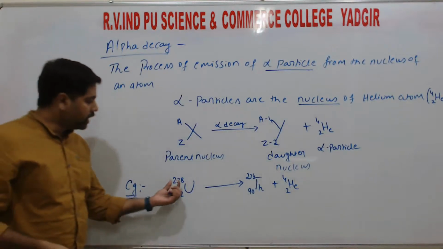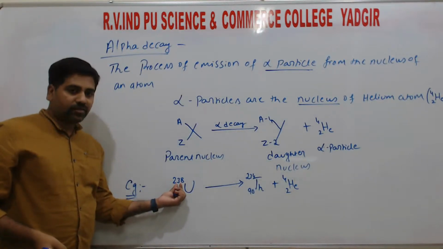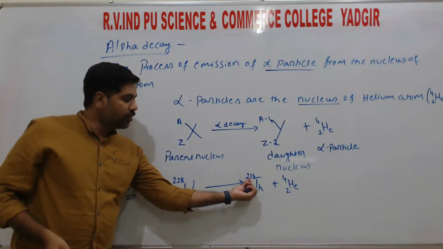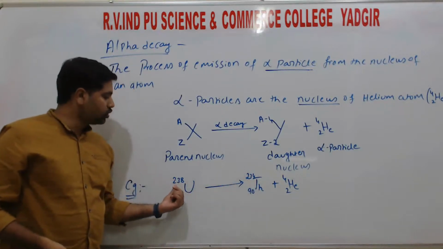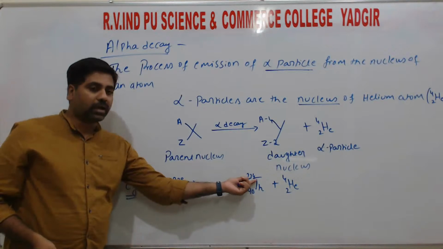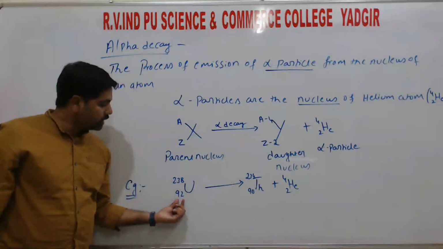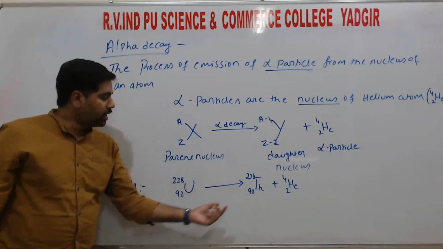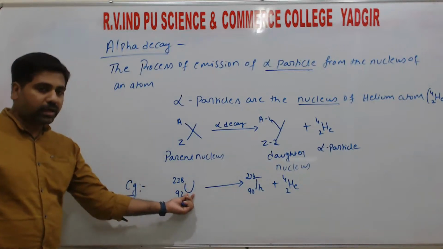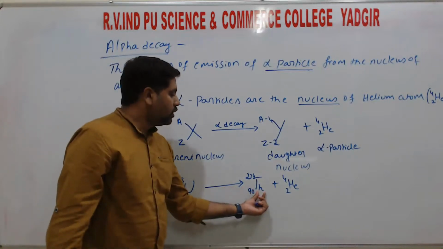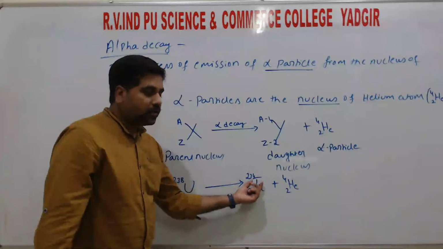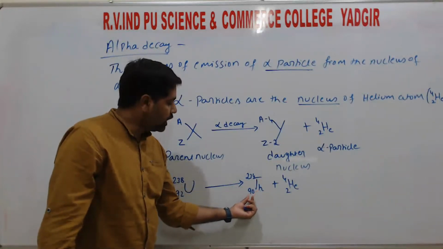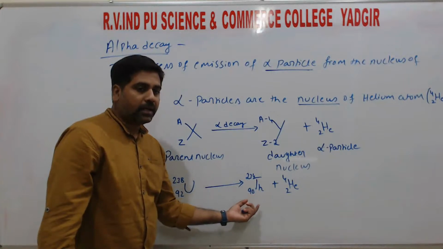If you observe, the mass number 238 decreases by 4, so it becomes 234, and the atomic number 92 decreases by 2 and becomes 90. So the element after decay, the nucleus formed, is thorium, with atomic number 90.